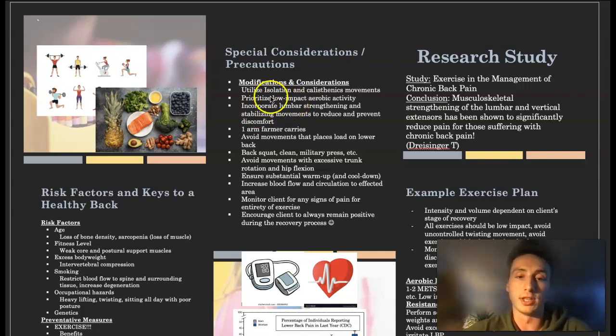So you prioritize low impact aerobic activity. You want to incorporate lumbar strengthening and stabilizing movements to reduce and prevent discomfort in the low back. You can do stuff like one-arm farmer carries, really going to work on those stabilizing muscles in the core. And just focusing on compound movements, the basics.